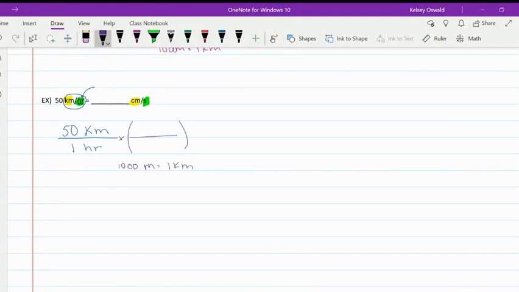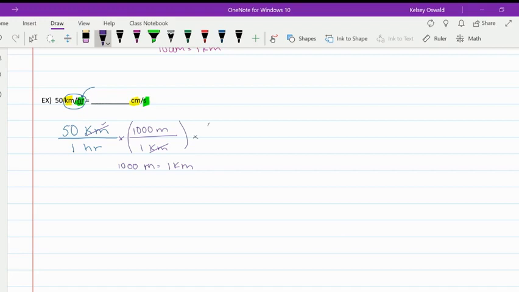Okay, so if I want to cancel my kilometers out, if it's on the top of this fraction, that means I need it in the bottom of my conversion factor. Okay, which means I'm going to write my fraction as 1,000 meters over 1 kilometer. Now I have kilometers on top, kilometers on bottom, they cancel out. Now I'm left with meters as my unit of distance.